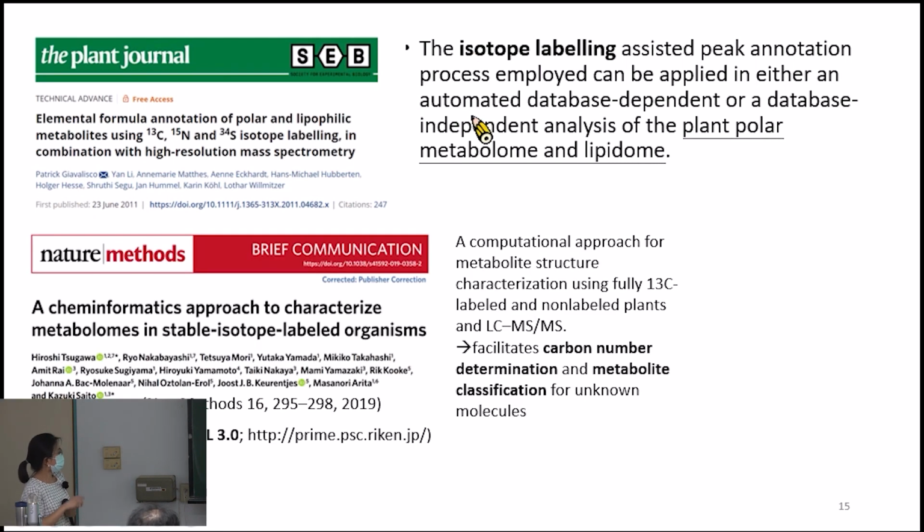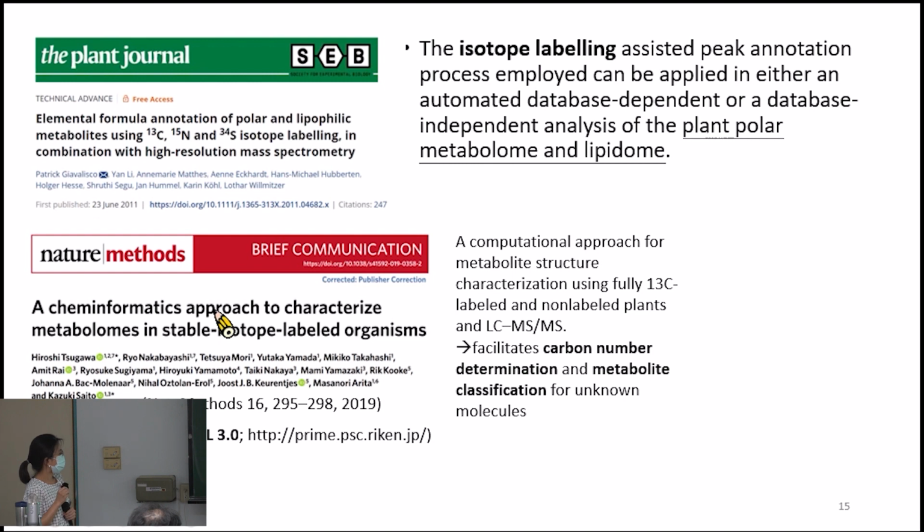And this is another platform that was published in 2019. Basically, this platform uses a 10-step chemoinformatics approach, and they also combine isotope labeling.